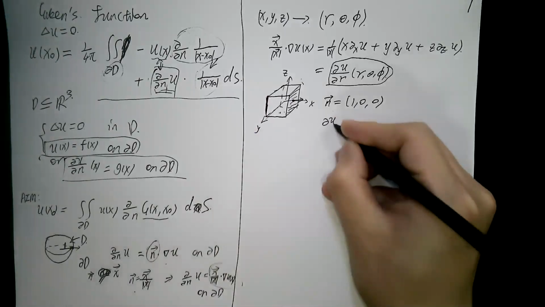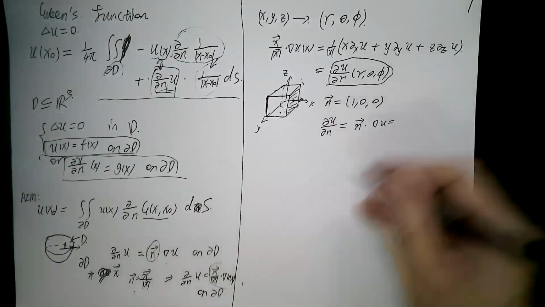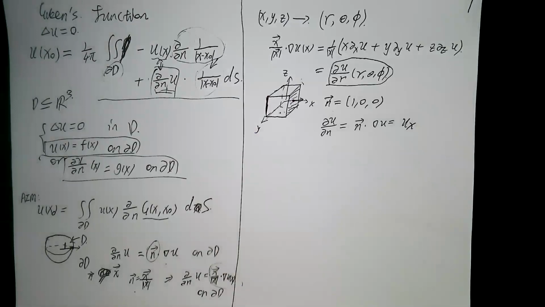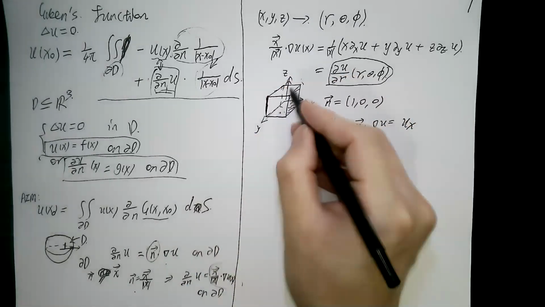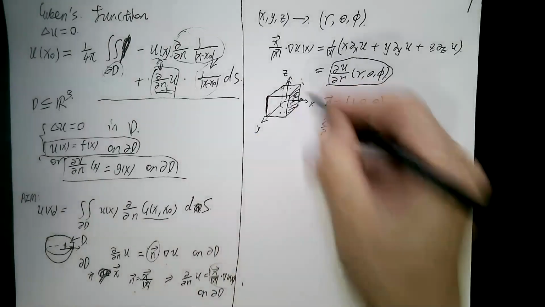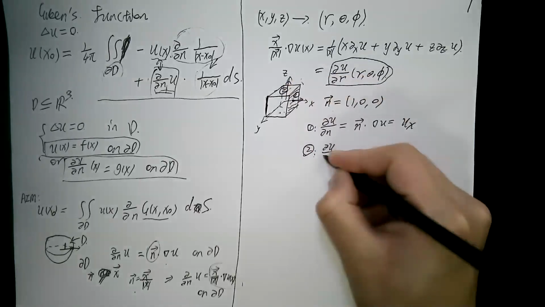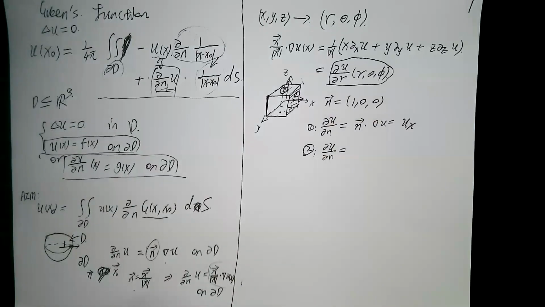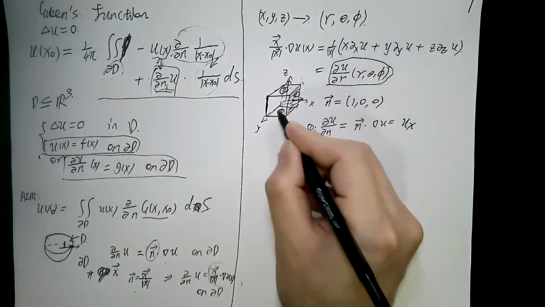Then partial u partial n equals n dot gradient of u, which is u_x. Similarly, on the top of your cube, your partial n is equal to u_z. But on the bottom part, this is 3.